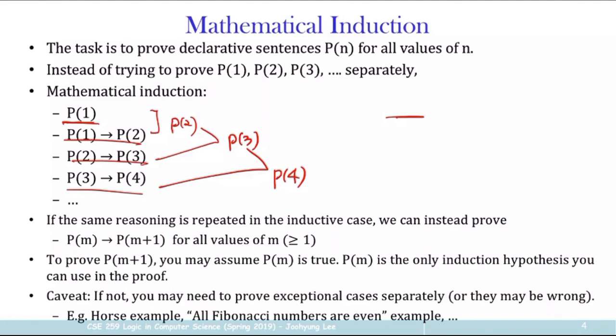So when you use induction to prove all the cases except for the base case, you have to check whether the same reasoning is applied to all inductive cases. Notably, in the horse example, not all the steps have the same reasoning. P of 1 implies P of 2 couldn't have the same reasoning as the other cases, because when we have P of 1 implies P of 2, the condition that there are common horses between the two sets is violated.